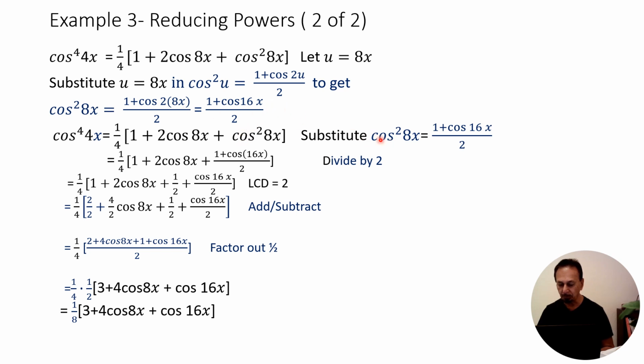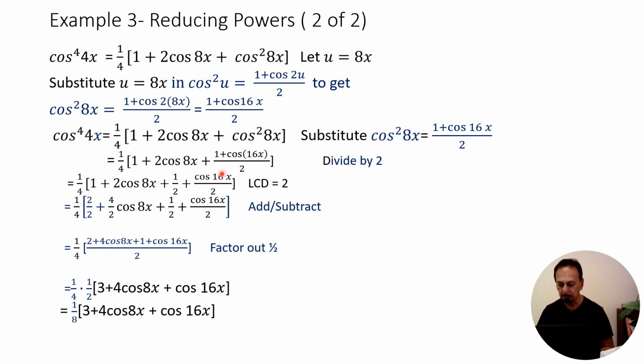Now we substitute cosine square 8x equal to 1 plus cosine 16x over 2 in this one, which we have written here. So this becomes 1 over 4 bracket 1 plus 2 cosine 8x plus 1 plus cosine 16x over 2.